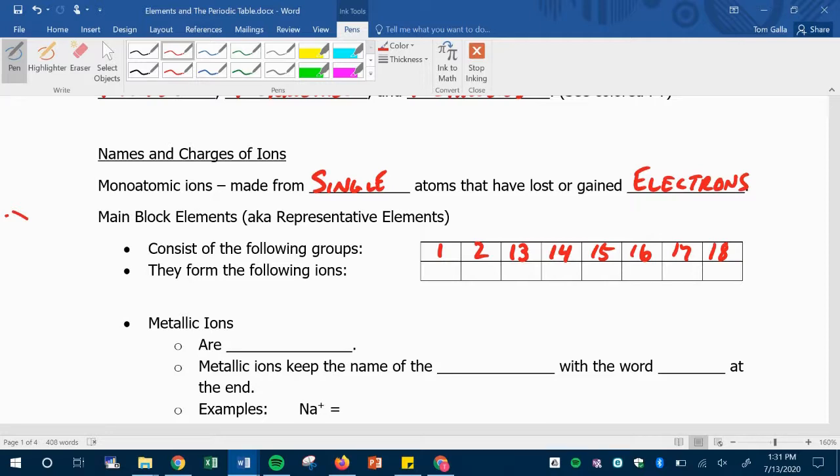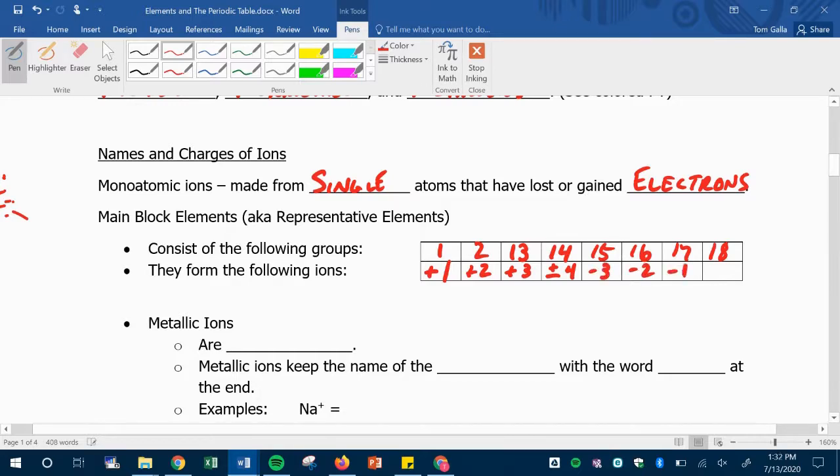Group 1 forms a +1 charge. Group 2 forms a +2 charge. Group 13 is +3. Then group 14 is plus or minus 4. Group 15 is -3, 16 is -2, 17 is -1, and group 18 doesn't form ions at all.